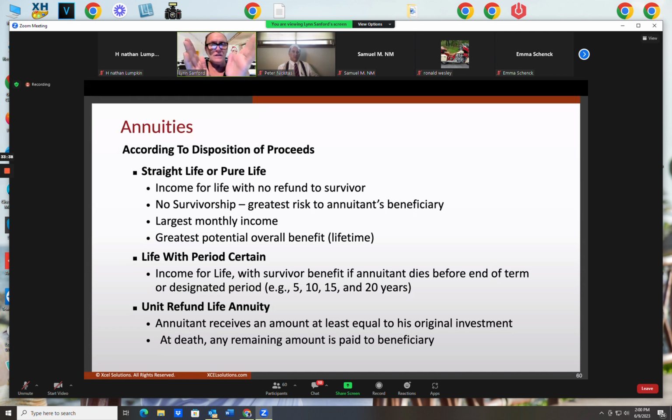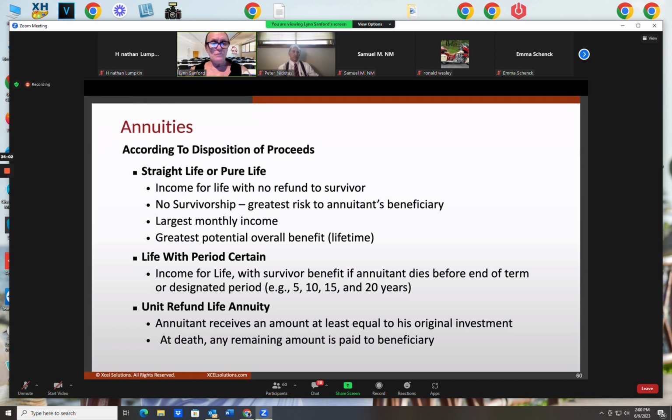If the annuitant lives, then they will get the money. If the annuitant dies before the period certain, then we have satisfied the life component. We paid it out over the life of the annuitant. Now we must satisfy the period certain component and pay out the remaining monies to the beneficiary until the period certain has been satisfied.